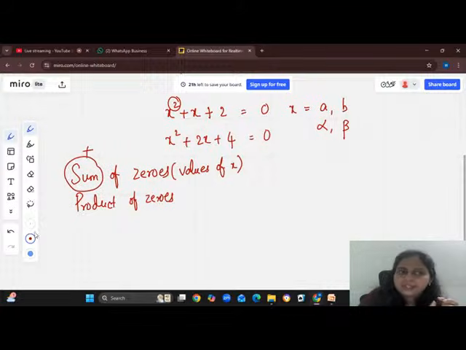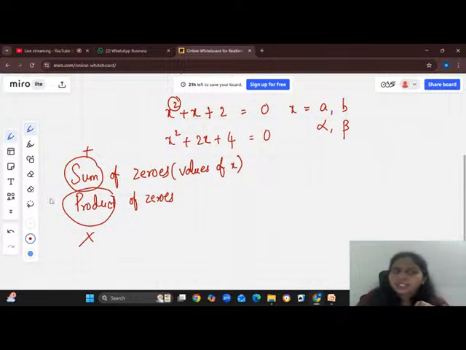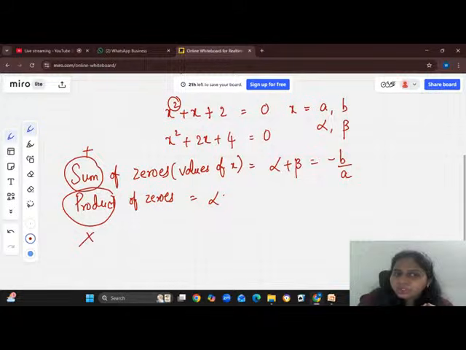Sum means plus. Product means multiplication. Sum of zeros means alpha plus beta, and the formula is minus b by a. Product of zeros means alpha into beta is equal to c by a. These are the two important formulas which we are going to use more and more in this chapter. You have to know this.